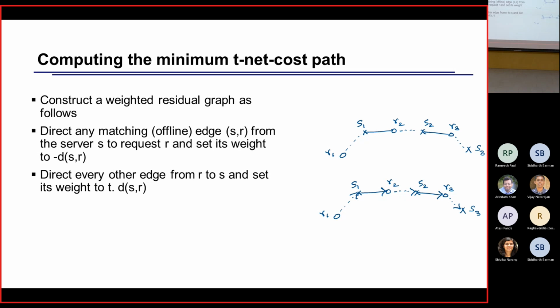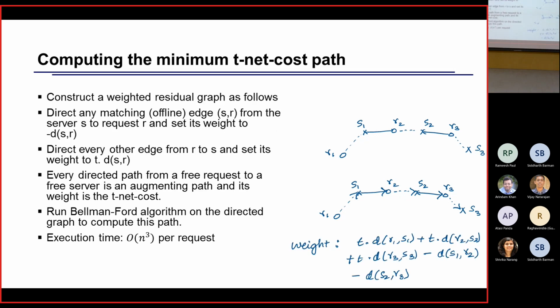That's it. If you do that, then for instance this augmenting path here will map to a directed path in the residual graph, because you're mapping all the non-matching edges from request to server and the matching edges from server to request. If you look at the weight of this path, all the non-matching edges have T times their weight. That's how you set the weight.